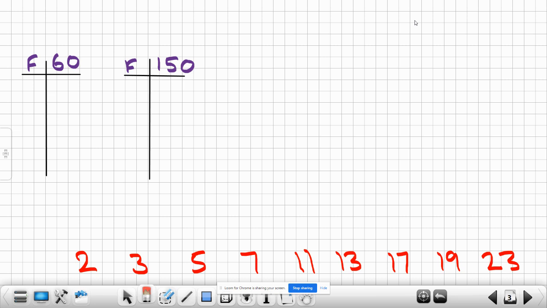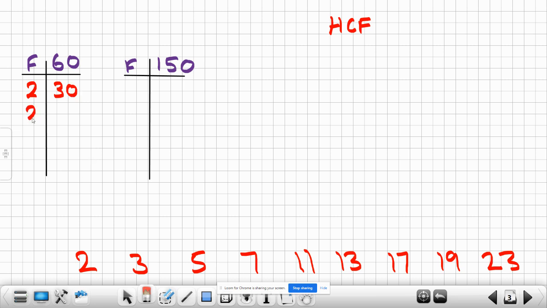Okay, so we've got 60 and 150, and we are going to find the highest common factor of these two numbers. Pause if you want to, stay with me if you're not ready to. Okay, so we've got 60, it's even, so we divide by 2, taking out a factor of 2, we are left with 30.